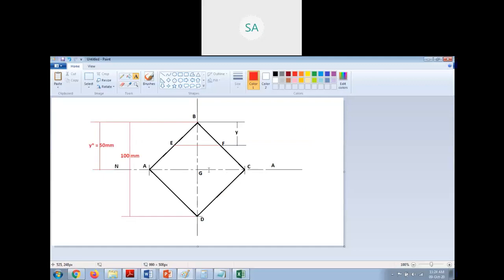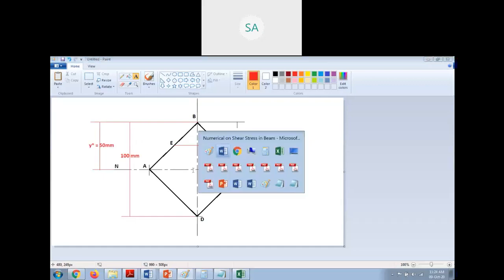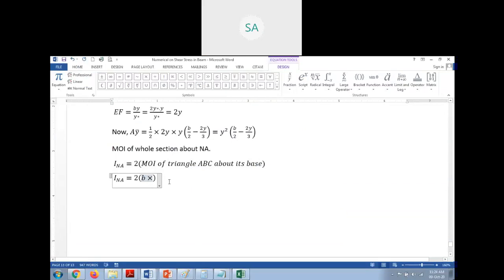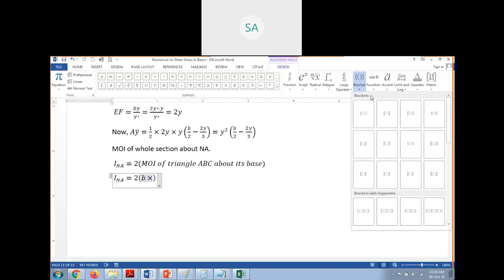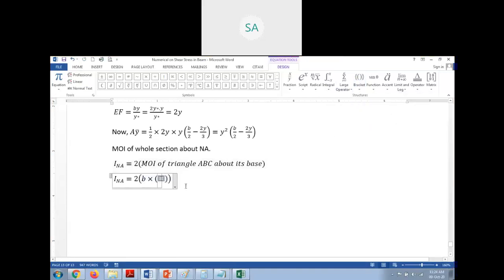So this is the base, so I have taken that as B, and this is the height, right? So height will be in this case b by 2. I'll again put that in the bracket, b by 2, whole cube, right?